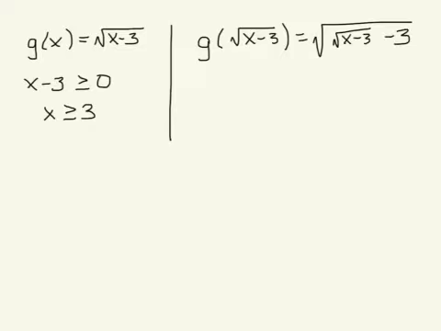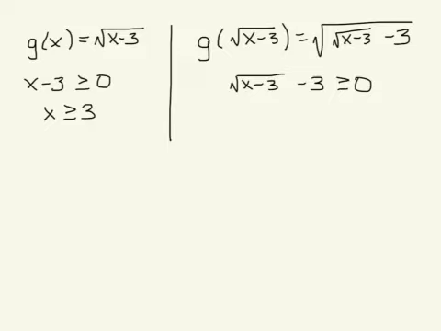So same thing as before, whatever is under our radical sign, we want to make sure that this value is greater than or equal to 0. So we have square root of x minus 3 has to be greater than or equal to 0.